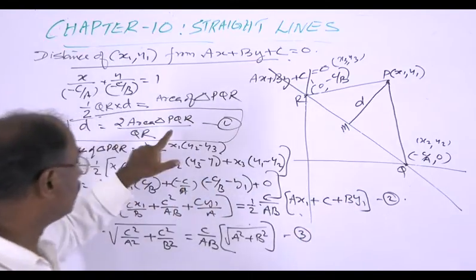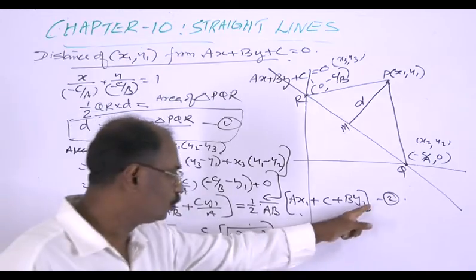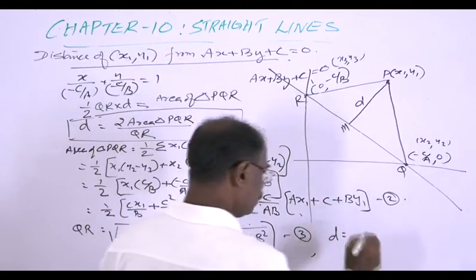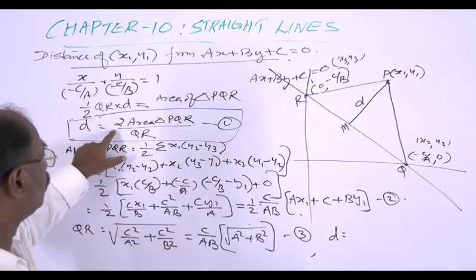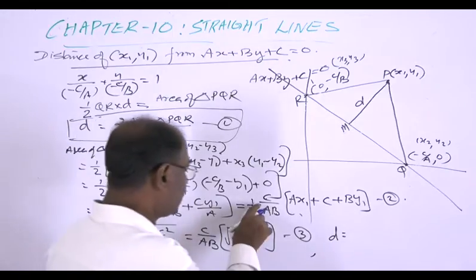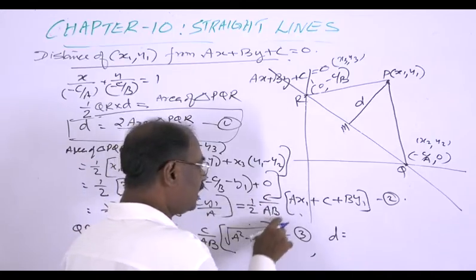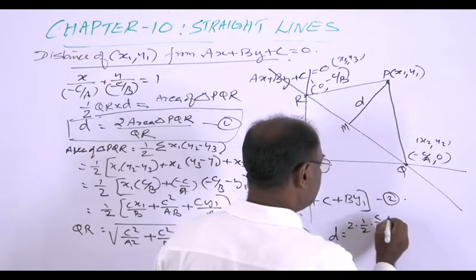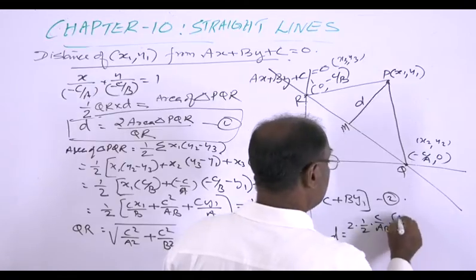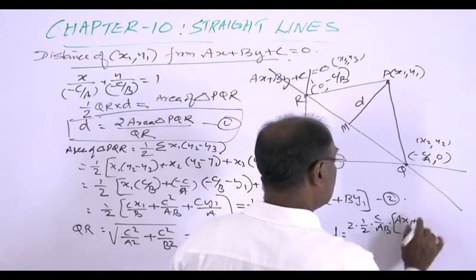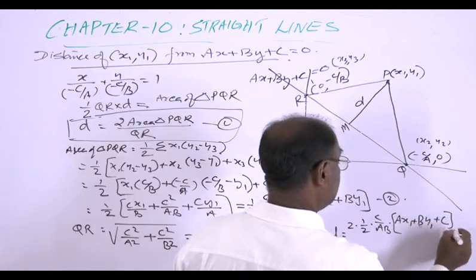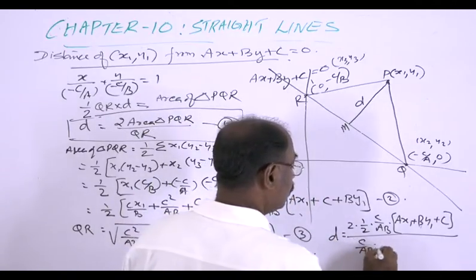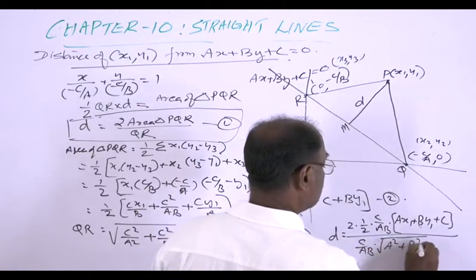Using 2 and 3, this becomes substitute. So we see that d is equal to 2 times the area of PQR: 2 into 1 by 2 into c by ab into ax1 plus by1 plus c, divided by c by ab into root of a square plus b square.